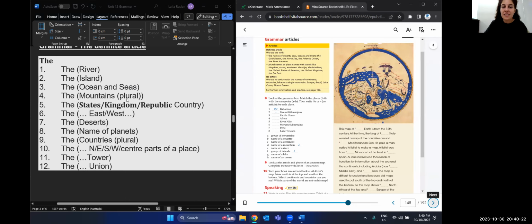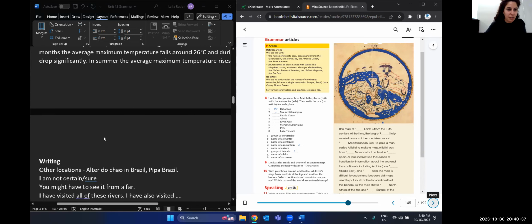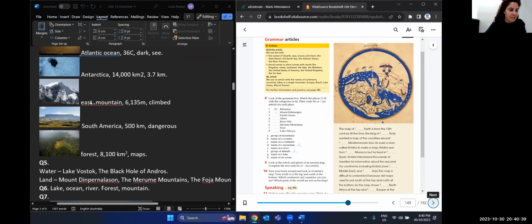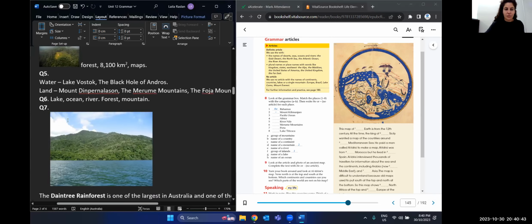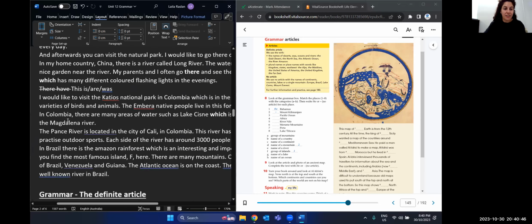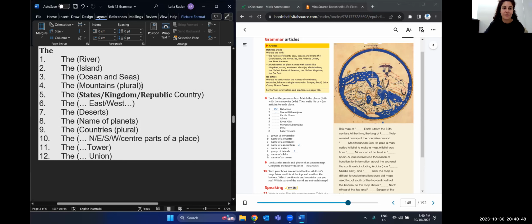If you have mountains that are plural, you need to say the. For example, the Meryum Mountains. You remember the Meryum Mountains, which was this one. Because it has an S, we say the Meryum Mountains.